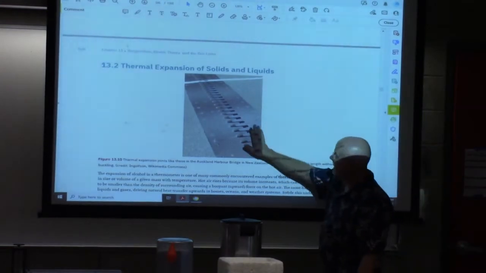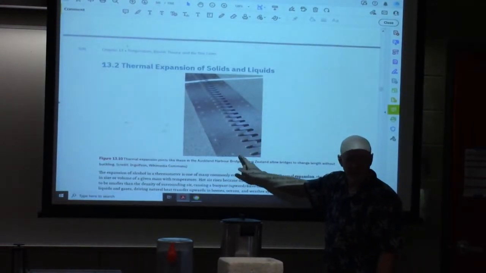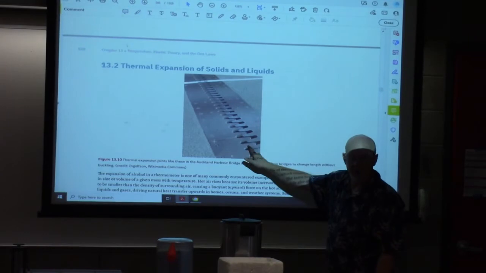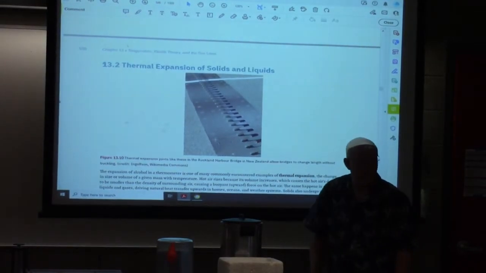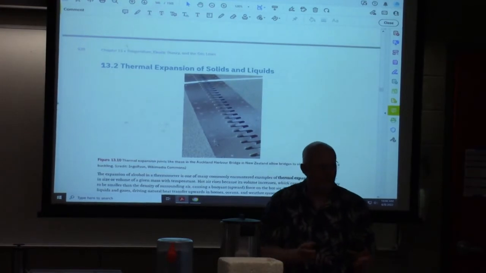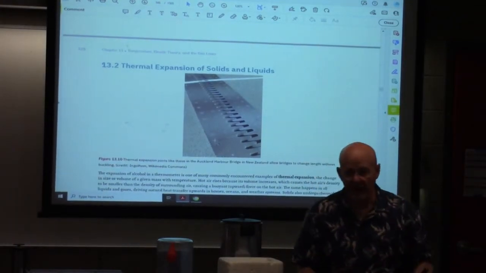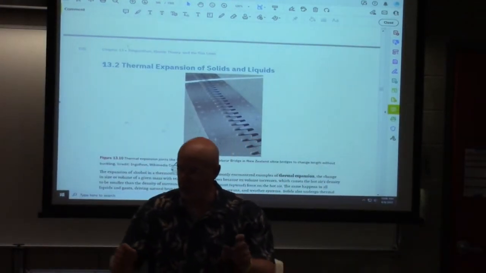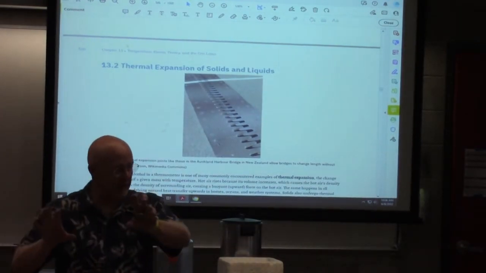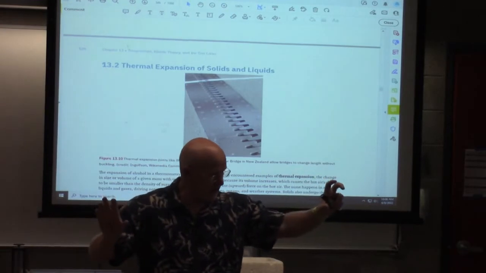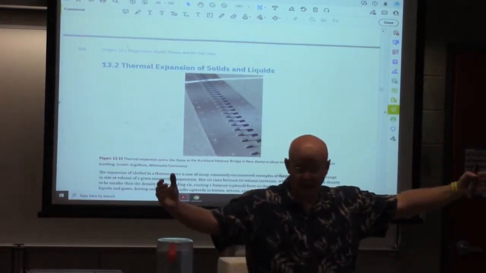because from an engineer's perspective, this is an important piece of the bridge. Without this, the bridge won't work. You see, when you build a bridge, I'll just pick on the Golden Gate Bridge, you're going to then, on one end of the bridge, hook beam after beam after beam.